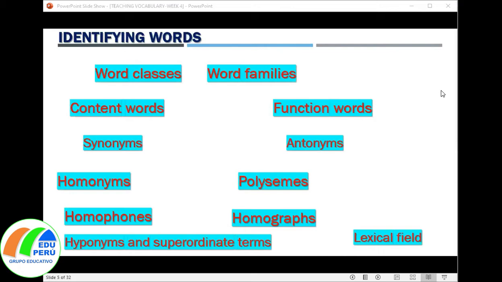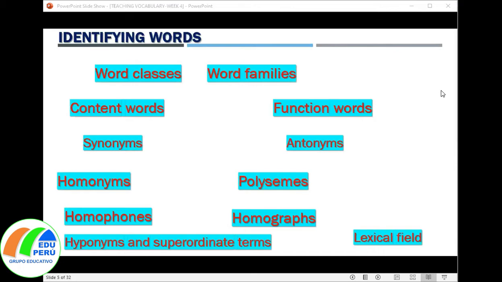And what about the homographs? These are words that have the same writing but a different pronunciation. Exactly, that's right. So we have words which are written the same, but you pronounce them differently.